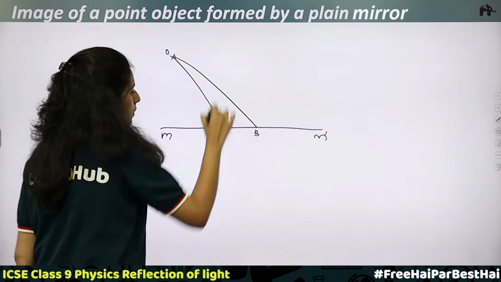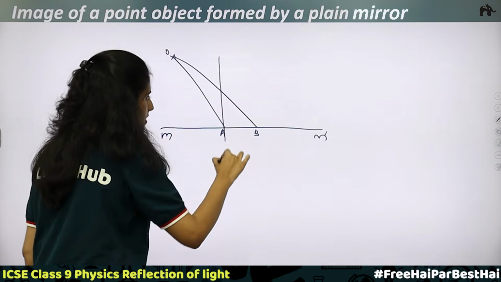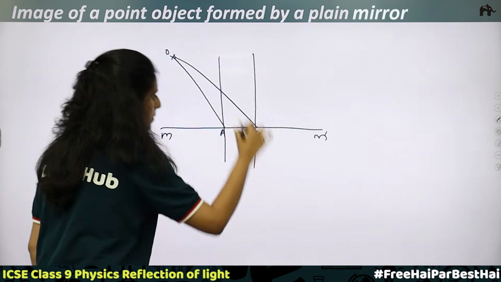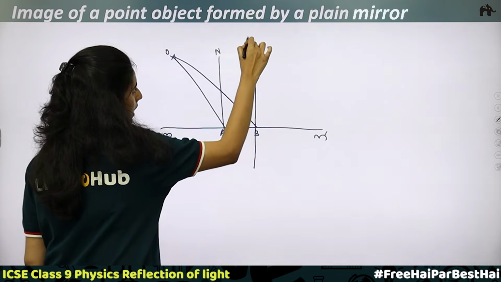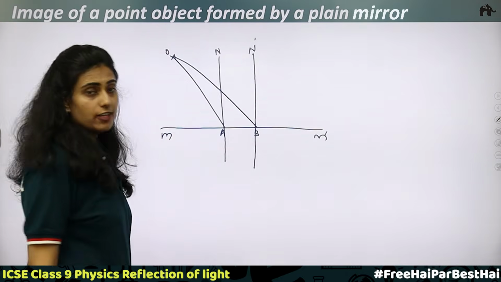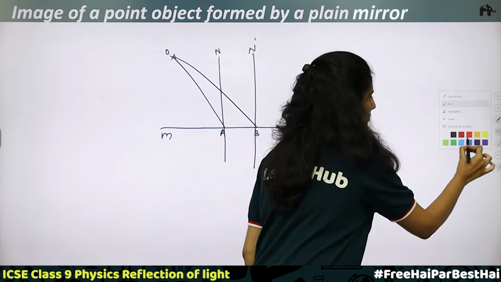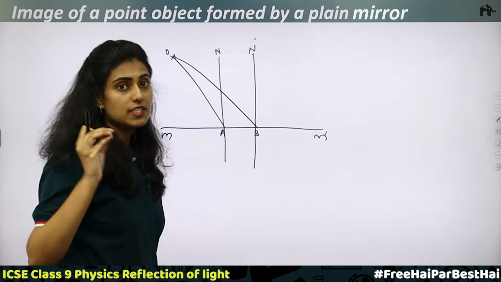Perpendicular to the mirror, we can draw normals. This is your first normal and this is your second normal, AN and BN dash. So what happens after reflection? If you are checking from here, you will be able to see the image.